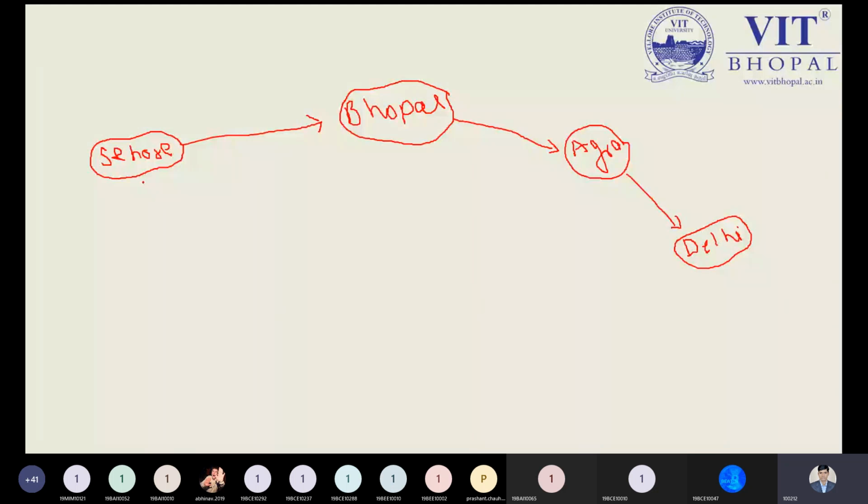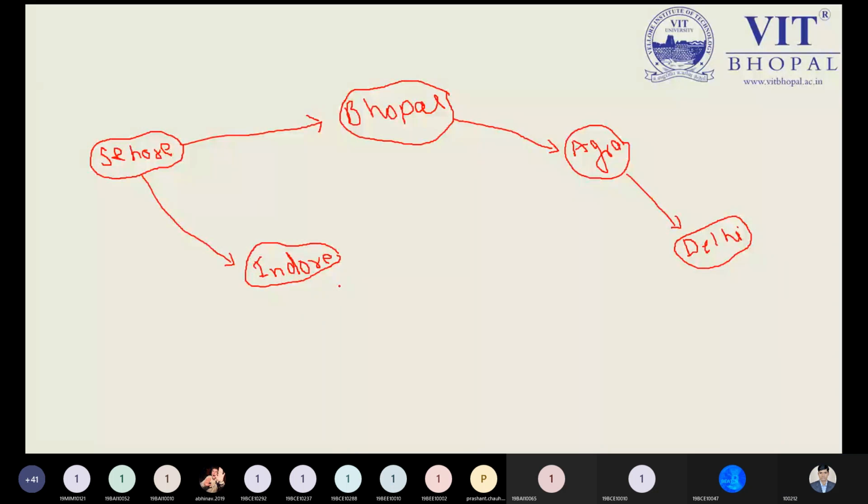Now, Sehore is also connected to another city which is known as Indore. I am taking this example because you are all aware of these locations or cities.